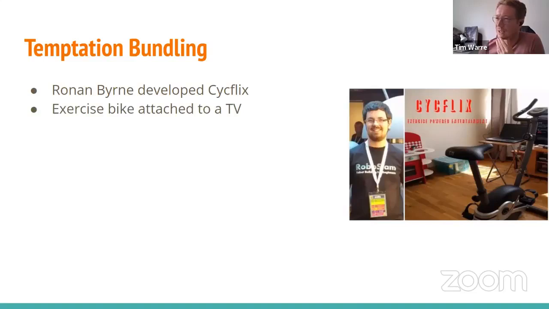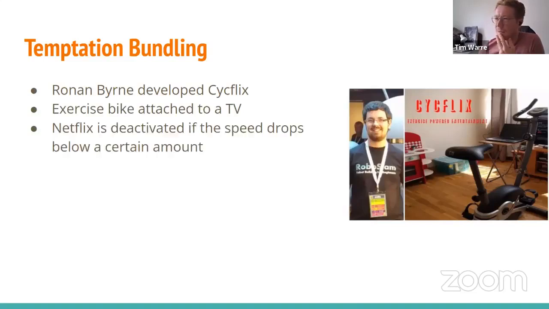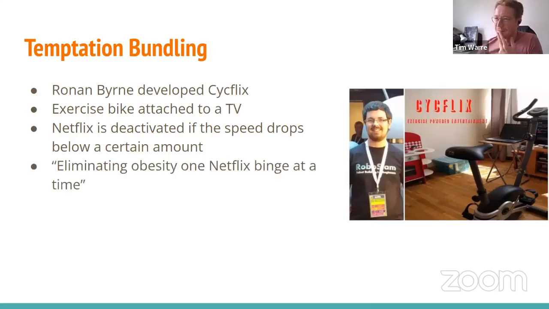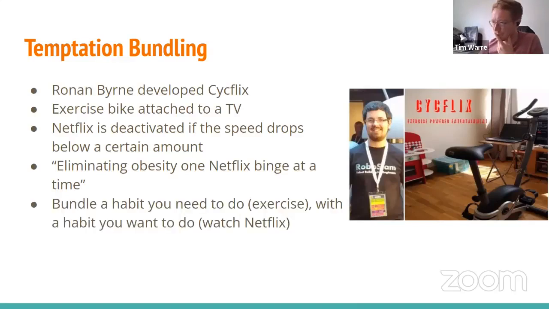He attached an exercise bike to the TV, and Netflix deactivated if the speed drops below a certain amount. So it's basically made the exercise bike into a generator that keeps the TV running. And he said he's eliminating obesity one Netflix binge at a time. So it's this idea of pairing habits we should do with habits we want to do.